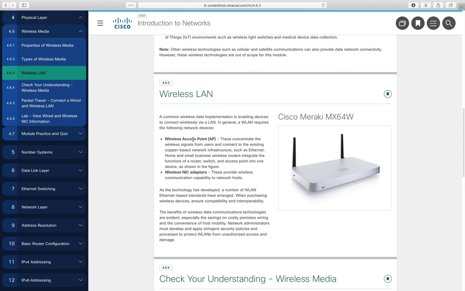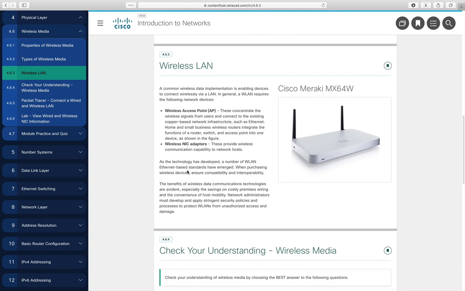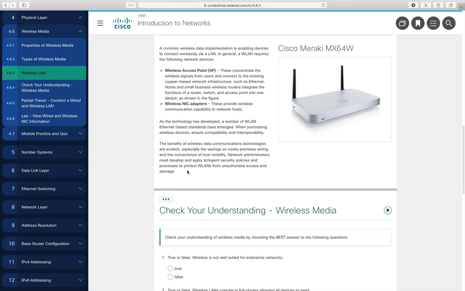As the name implies, this is how we access the wireless network. Now on our device, whether it be our tablet, laptop, or phone, we're going to have a wireless NIC. We talked about network interface cards in computers. Anything that talks to the network needs a NIC. So if we're doing a wireless network, we need a wireless NIC.